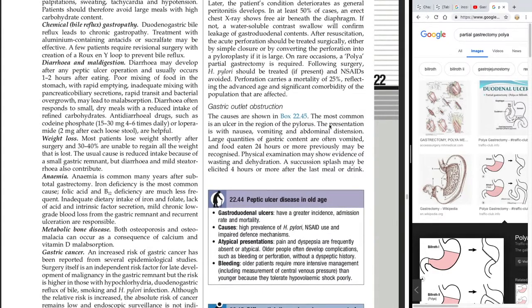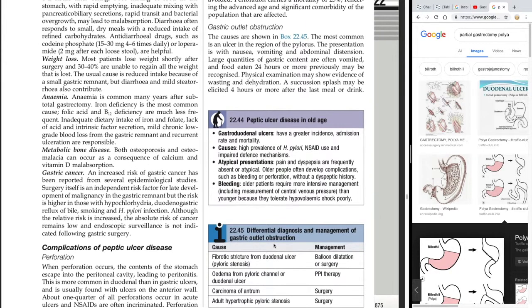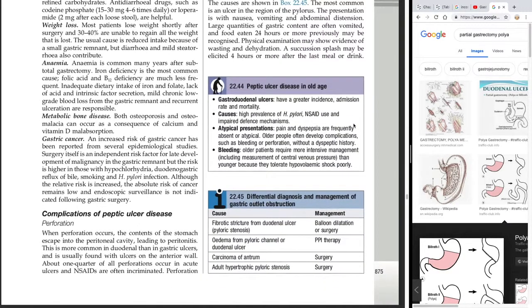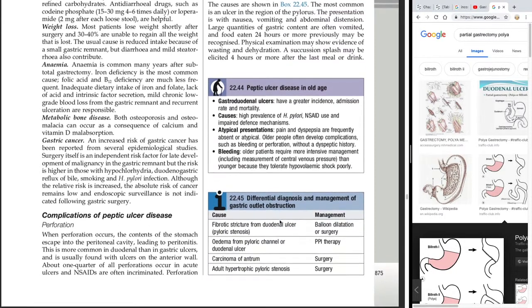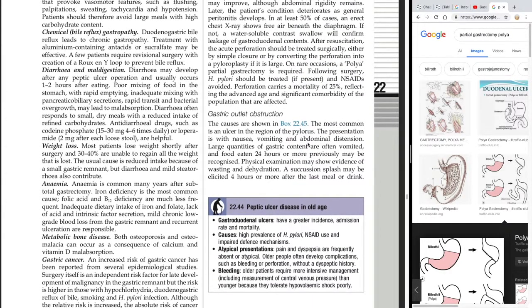So we've looked at the causes. The most common is an ulcer in the region of the pylorus. So this is the most common one, the fibrotic stricture from duodenal ulcer. The most common is an ulcer in the region of the pylorus.